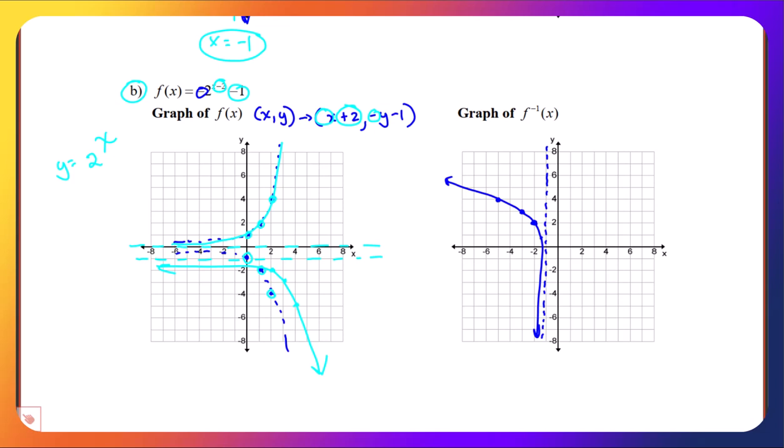Let's see if these points are correct. So we have the horizontal asymptote of y equals -1. So the vertical asymptote should be x equals -1. Switch the x and y. And this point is 1, negative 2. So negative 2, 1. So let's fix this graph.